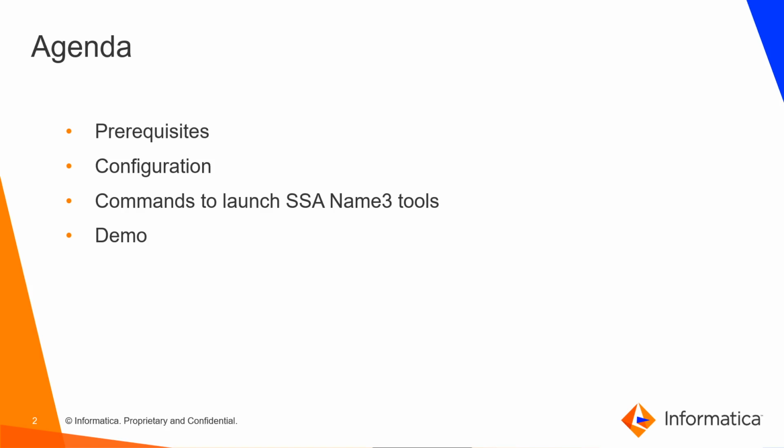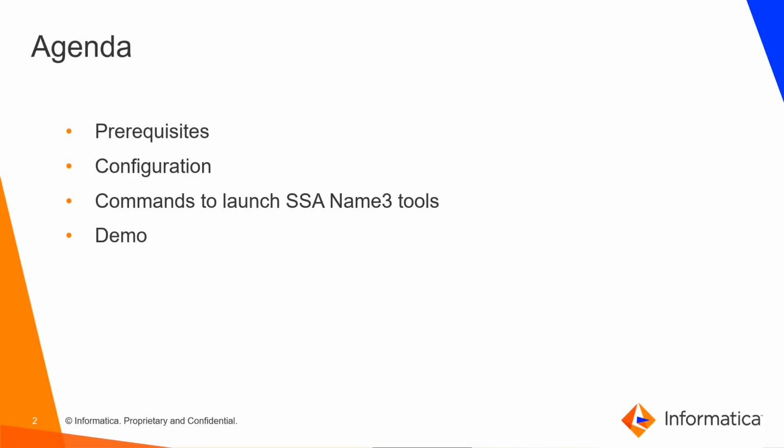We'll first take a look at the prerequisites needed to configure SSA Name3 and install it as part of Resource Kit, and then take a look at the configuration that's needed here. For example, the different steps, the environment variables that are needed to be in place before you launch these tools.